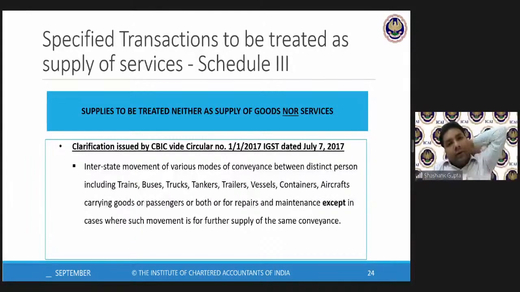More important aspect, ITC from its manufacturing facility in Haryana is sending a truck full of biscuits from ITC Haryana to ITC Maharashtra.